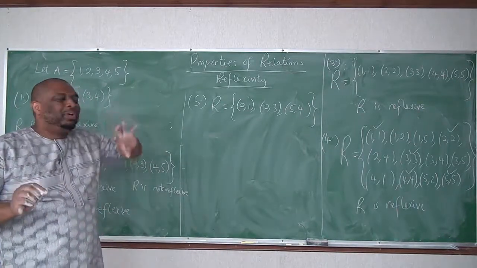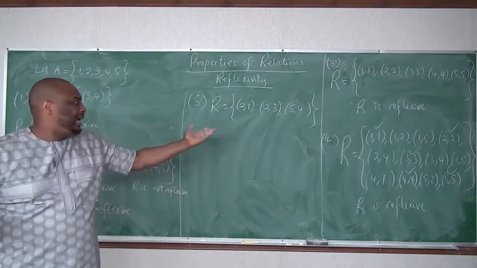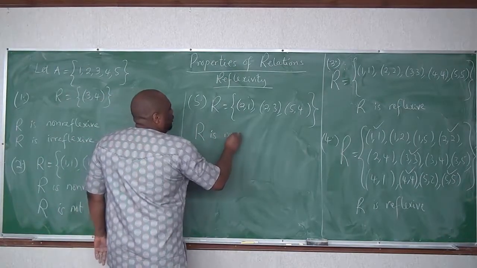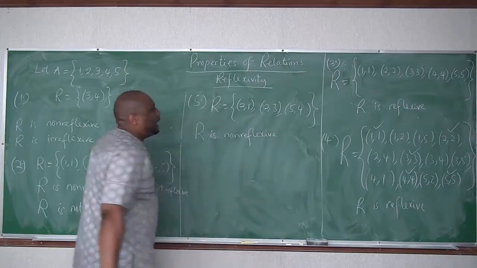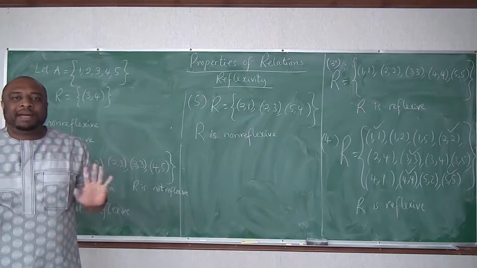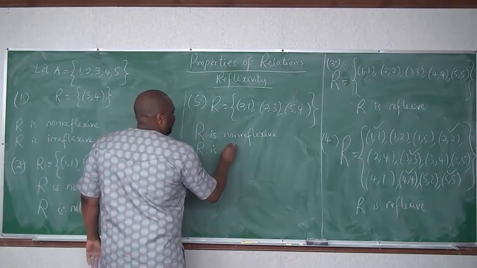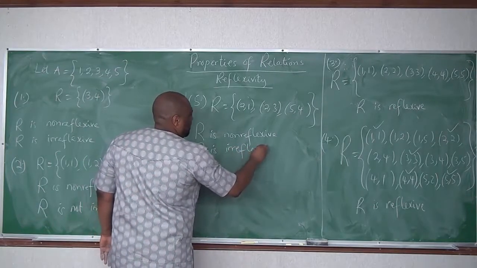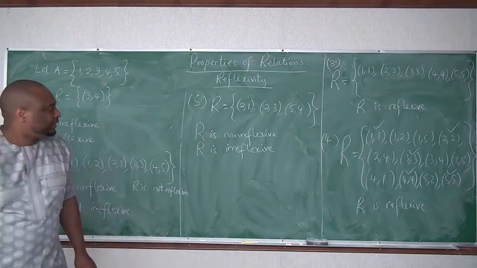All of them must be there, but we don't see them here. So R is non-reflexive. And we don't even see any of them at all, so also R is irreflexive.